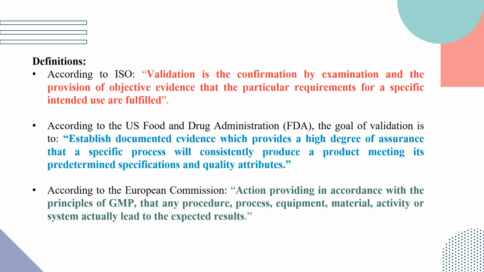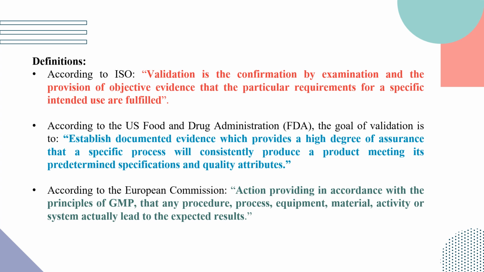There are some different definitions given by different agencies. According to ISO, validation is a confirmation by examination and provision of objective evidence that the particular requirements for a specific intended use are fulfilled.